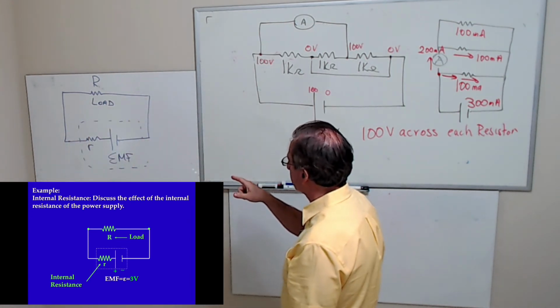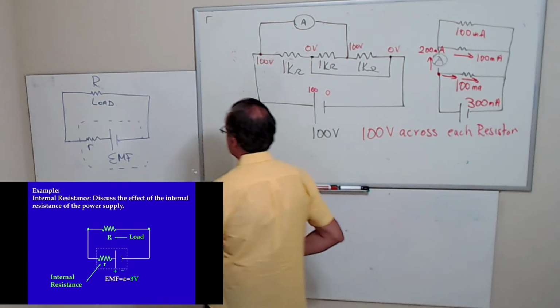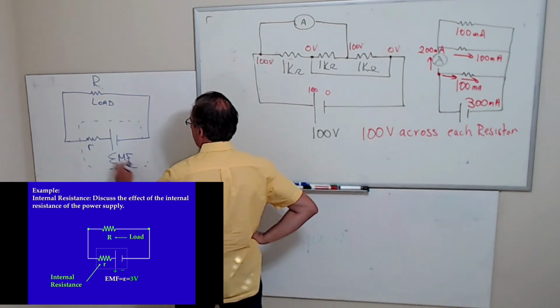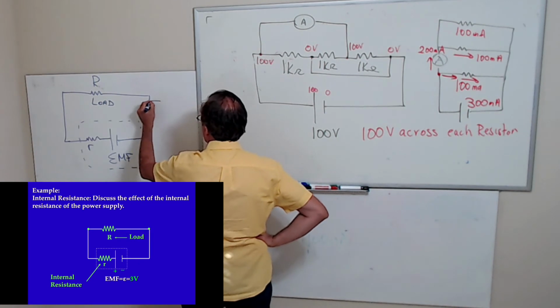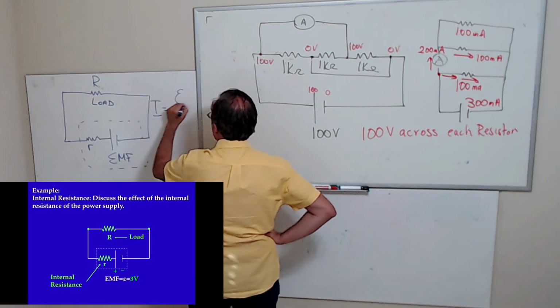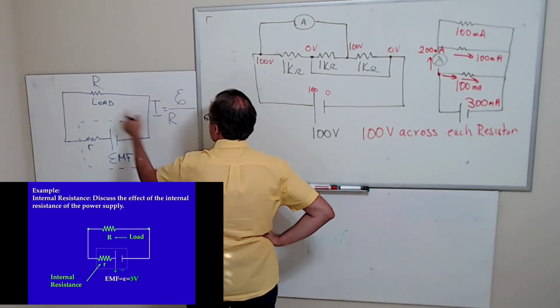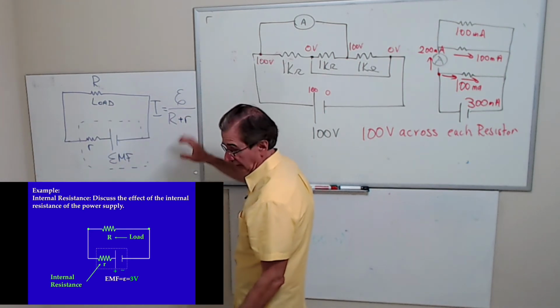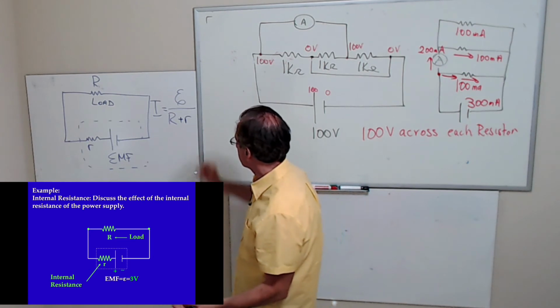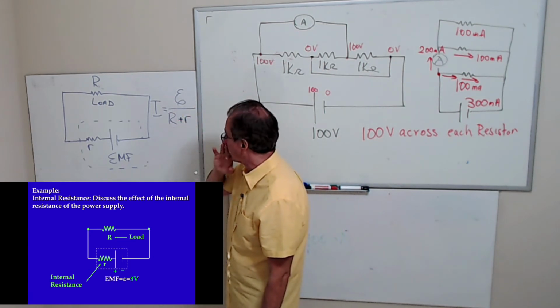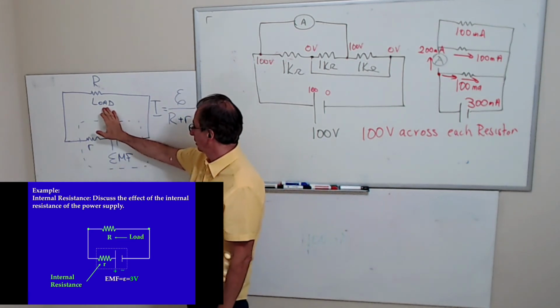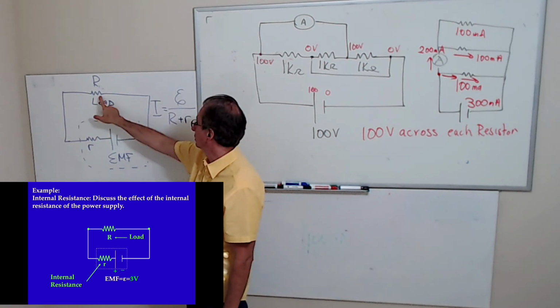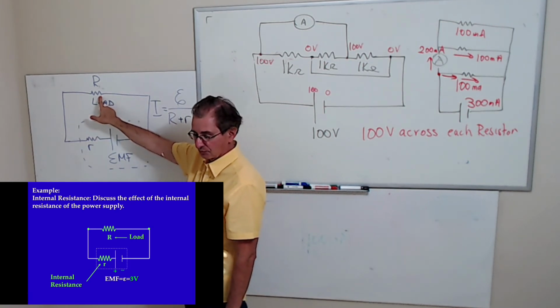The amount of current that is really going through the circuit is going to be your EMF divided by the total resistance. So your total current is going to be the EMF divided by the load resistor plus the internal resistance. And of course, as this gets bigger, like on a battery, your current gets lower, and at some point, the current will be too low to turn on this bulb, if this were a bulb.